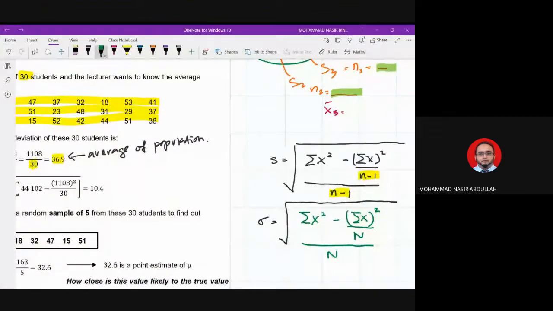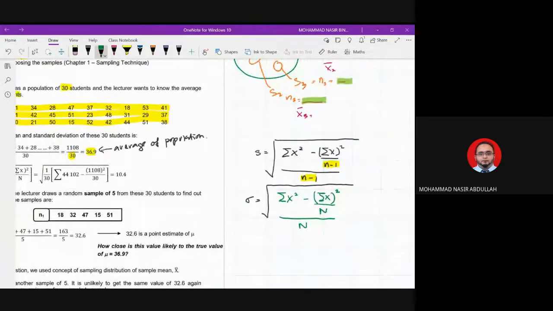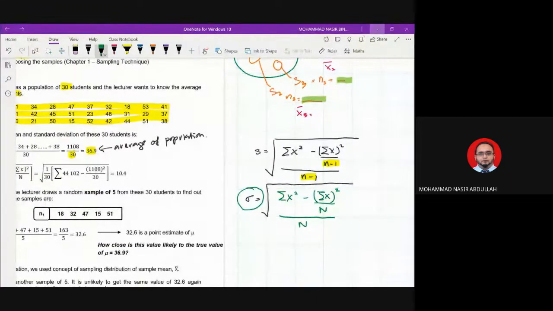Okay. So this is the formula for population standard deviation, which is still the same as sample standard deviation, but the denominator is different. Instead of using n minus 1, we are taking capital N, the whole number in the population.